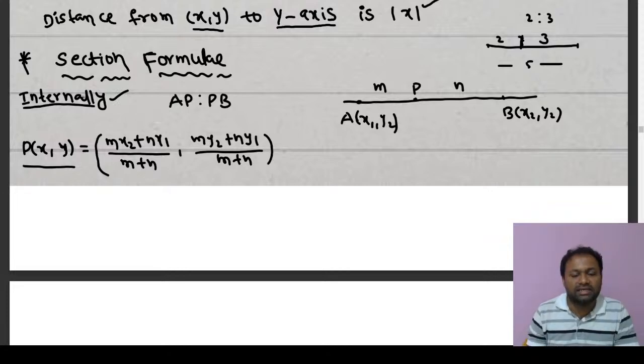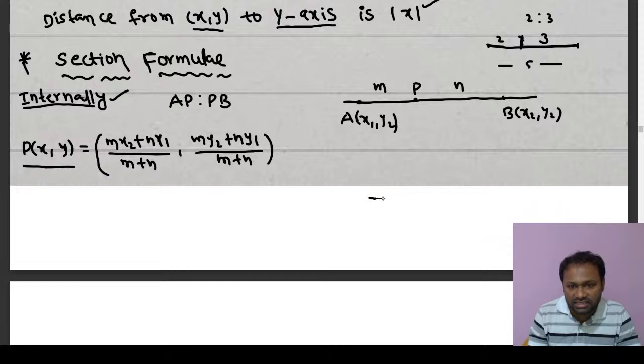Next, suppose the point is external. Externally means I will draw like this. Suppose this is A and this is B, and P is the point here, which is external to AB.